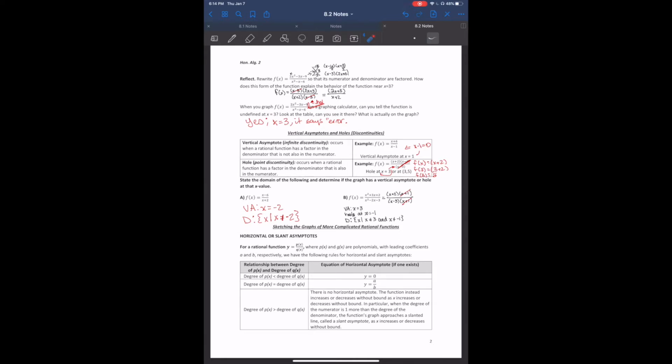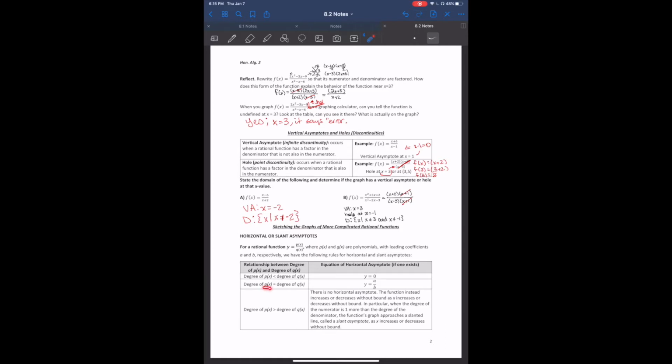Okay, what we're going to be using is the degree of the polynomial to determine what kind of asymptotes we have. So if the degree of the numerator is less than the degree of the denominator, then we have a horizontal asymptote at y equals 0. Make a note, this is a horizontal asymptote.